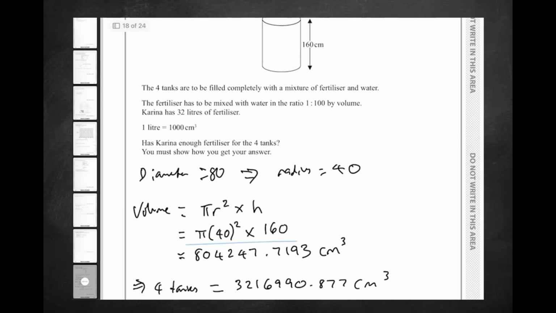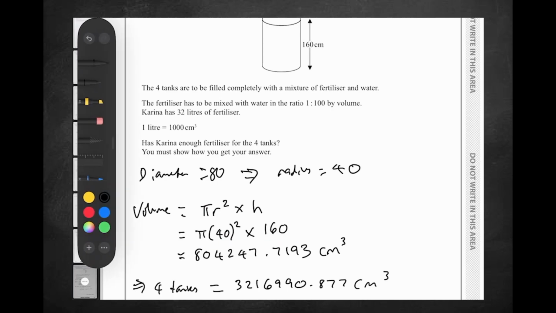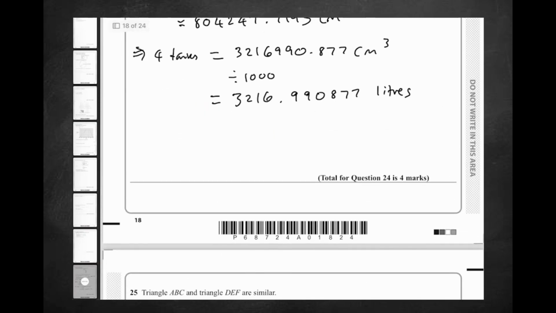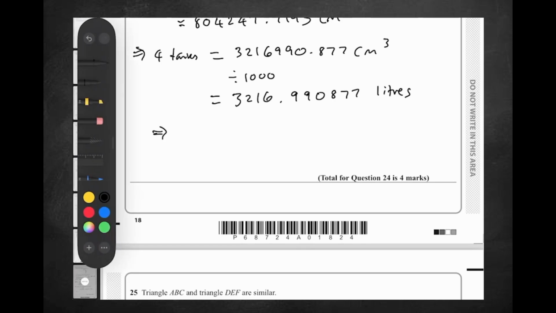And the question says that Karina has 32 liters of fertilizer. Now, the fertilizer and the water are in a ratio of 1 to 100, so 1 out of 1 plus 100 is fertilizer. So that's 1 out of 101. Therefore, 3216.99 divided by 101 equals fertilizer.